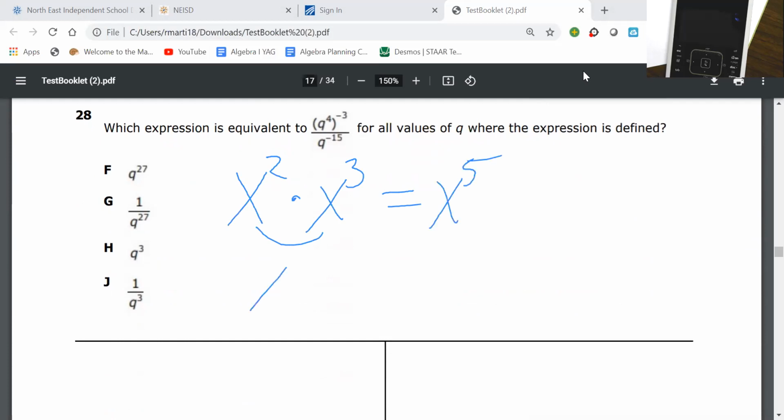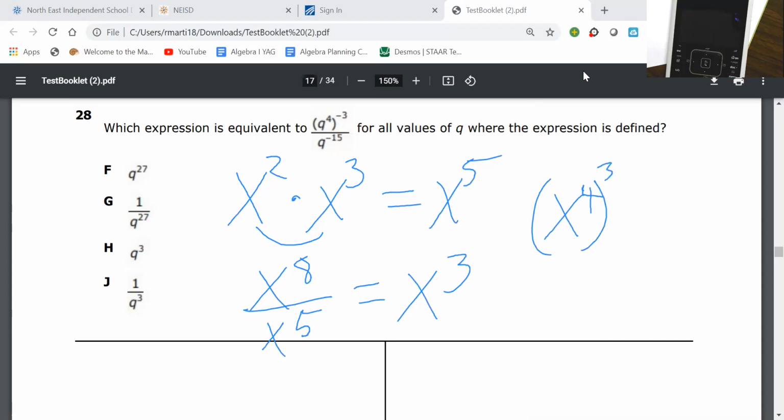When you're dividing the same base, you subtract exponents. So x to the 8th divided by x to the 5th, you subtract the exponents and you get x to the 3rd. When you're taking a power of a power, in other words, x to the 4th to the 3rd power, you multiply the exponents.